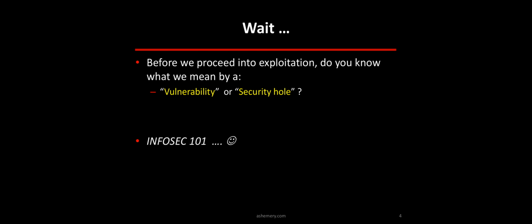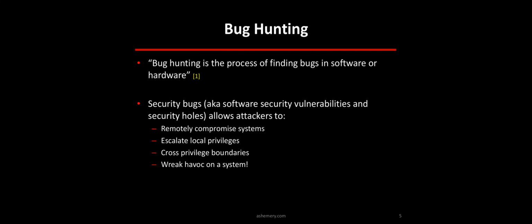So again, a vulnerability or a security hole is a weakness in an application or in hardware which allows a threat actor to gain some privilege or advantage over that system or hardware.